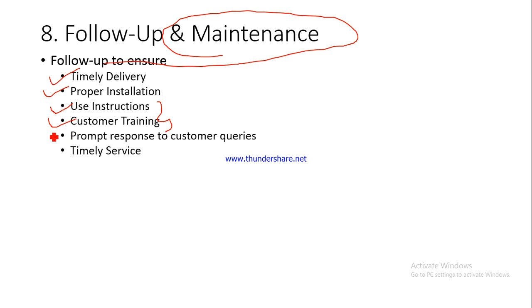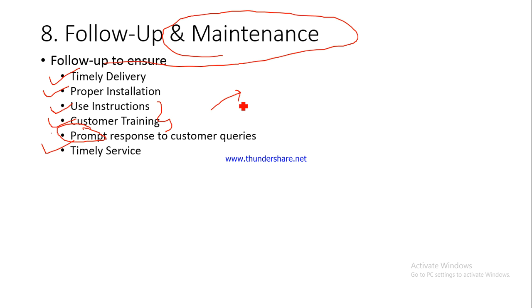Again, whatever queries are there at the buyer end, you have to respond promptly, and you have to provide timely service whenever servicing is required for the product. So whenever he is calling up for service purposes, you provide timely service and you respond to all his queries in a very prompt fashion, because this would assure him. I hope you remember, we have talked about what happens in high risk purchases: there is some kind of post purchase dissonance.